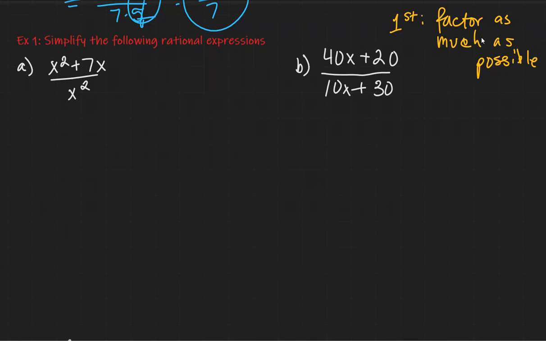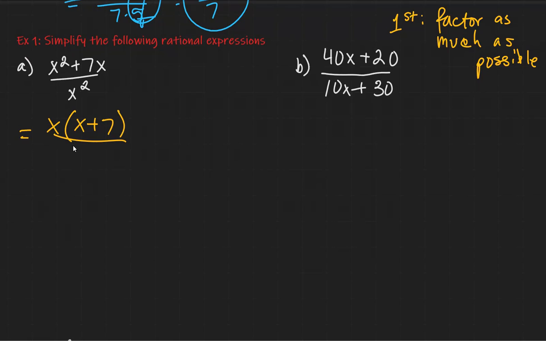So let's see what we can do. What can we factor? In the numerator, I can take out a GCF. Notice that the GCF is x. So we factor out an x from the numerator. We end up with x plus 7 remaining, divided by x squared.